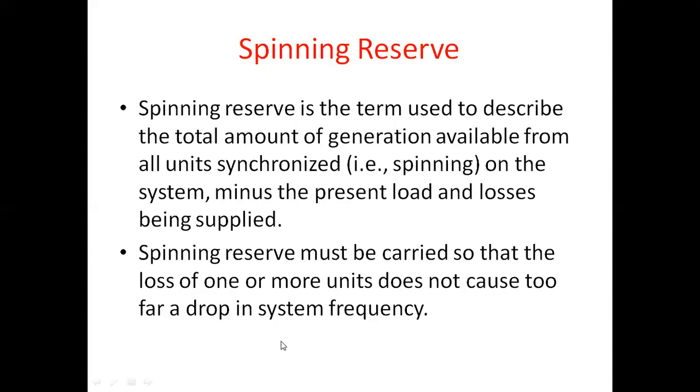It means that when the alternators, or to say the units, are rotating in synchronized condition, the frequency of the system remains constant. So if one or two units go out of the system, meaning there is a loss of one or two units, it will affect the system frequency, because we all know that omega, the angular velocity of any alternator, equals 2 pi f, where f is the system frequency.